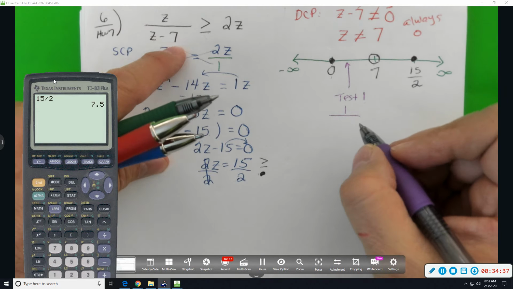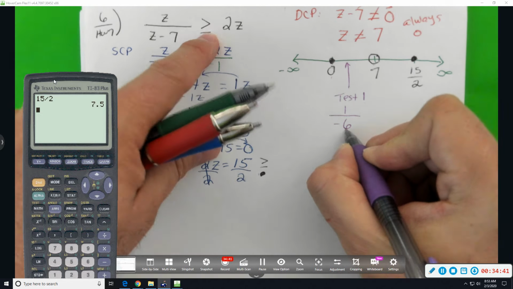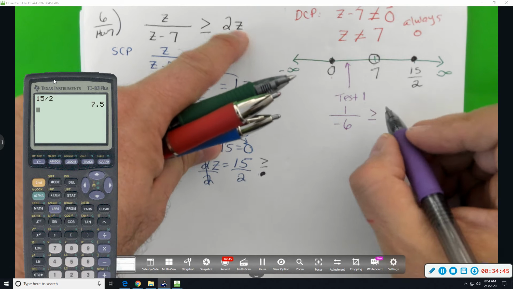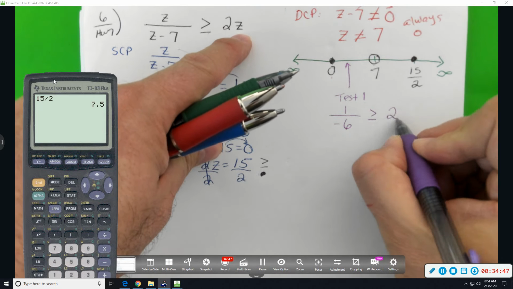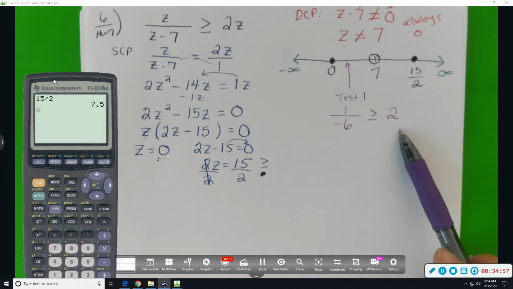1 minus 7 is a negative 6. Is greater than or equal. 2 times 1 is 2. So 1 over negative 6. Is that bigger than 2? Than a positive 2?